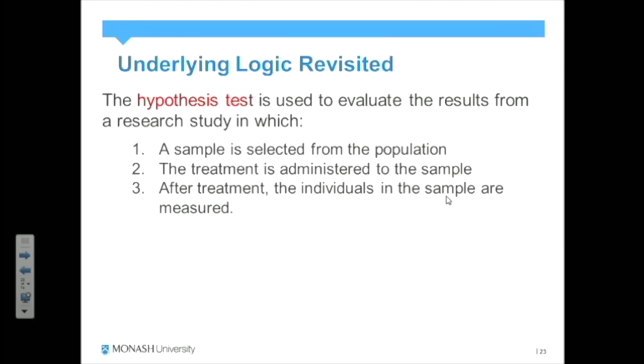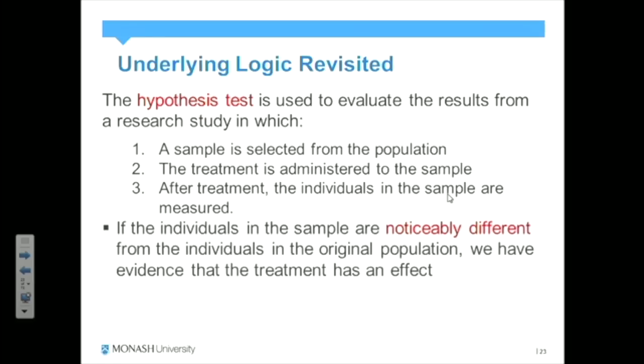In real life, with a drug trial, you might have a longitudinal study, where you measure them before and afterwards. That's okay, we're just simplifying things. So we take our sample from the population, we give them a treatment, and then we measure afterwards. If the individuals in the sample are noticeably different, and we've spoken about how we might define that, from individuals in the original population, we have evidence that the treatment had an effect.